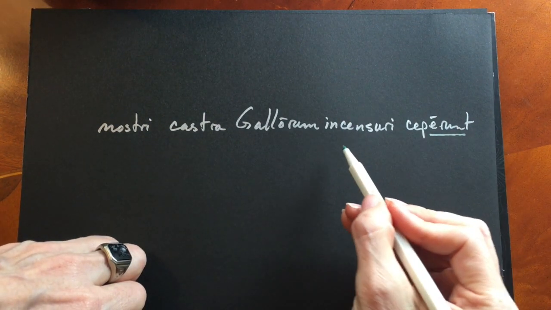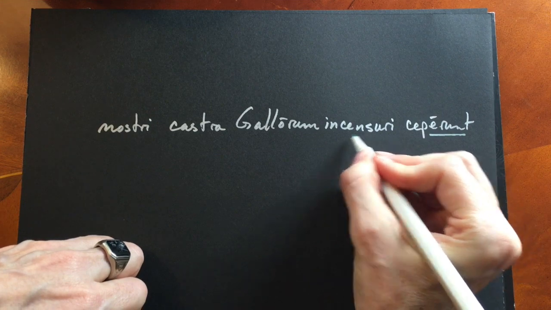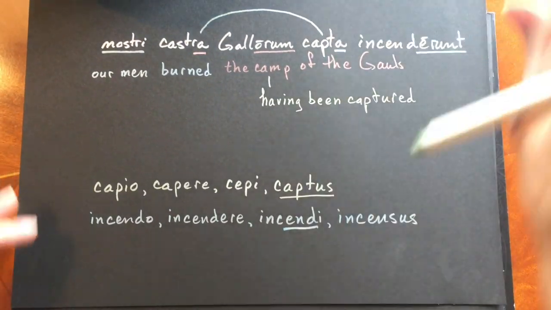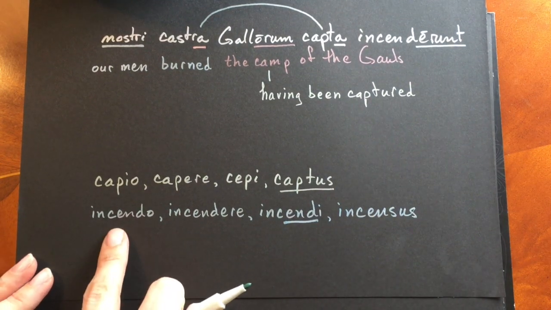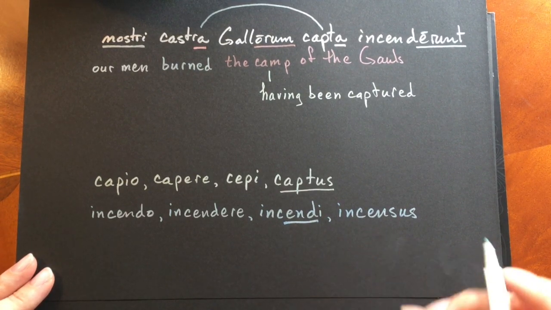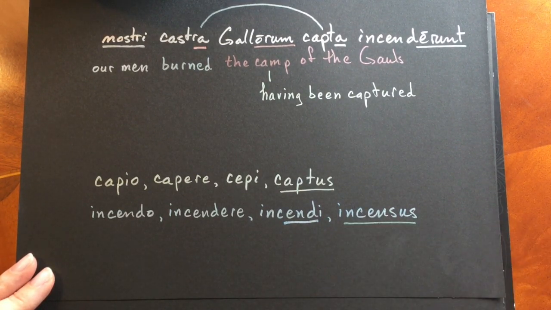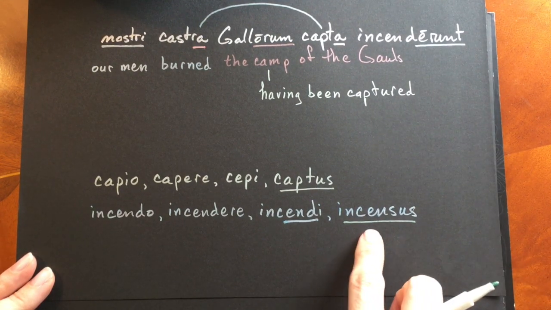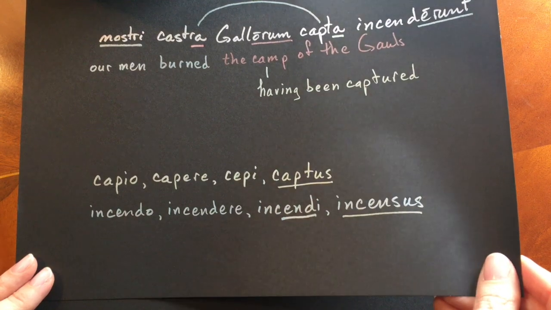Now we have a participle, incensuri. Now, do you remember our principal parts? Incendo, incendere, incendi, incensus. To form our future participle, we use the fourth principal part.